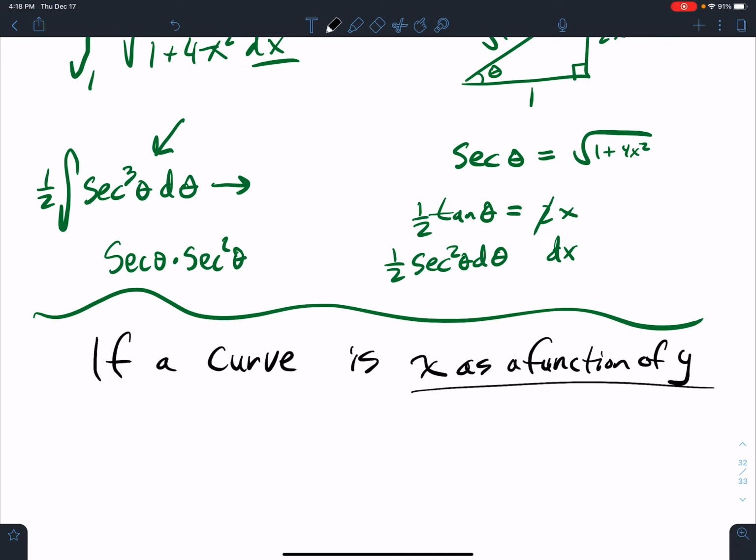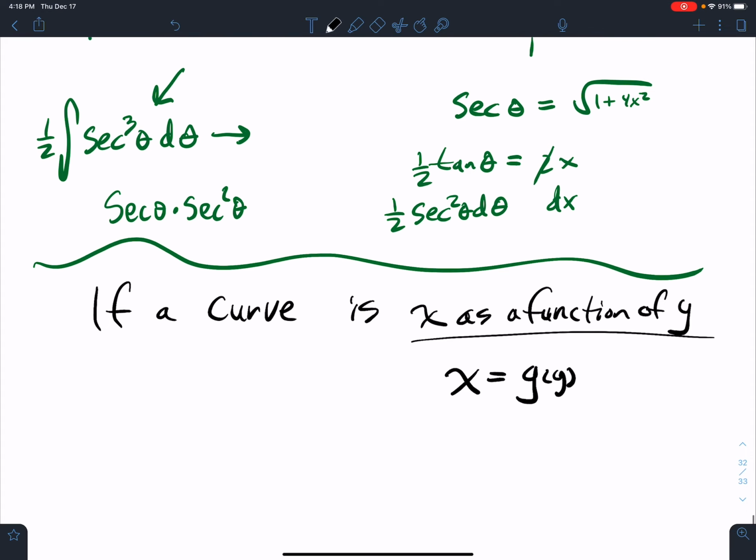So this is like x equals g of y for some y value between c and d, okay? And what else do I know? g prime of y is continuous.